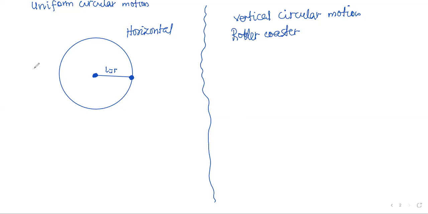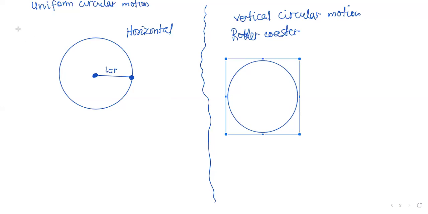So in vertical circular motion, the object moves within the vertical plane with constant velocity. Let me indicate the axis.